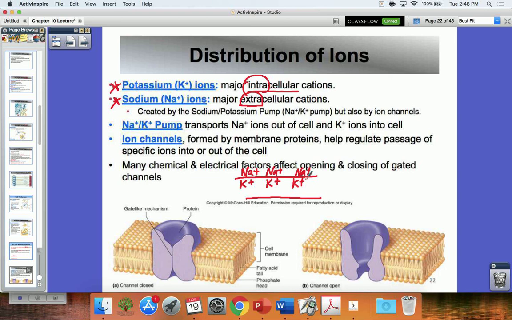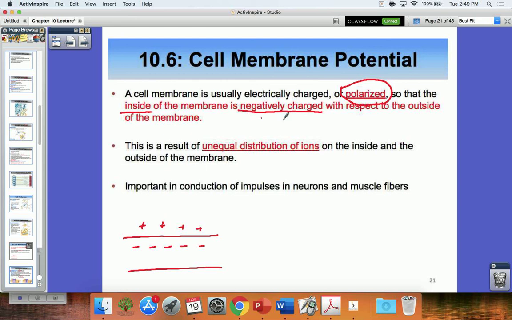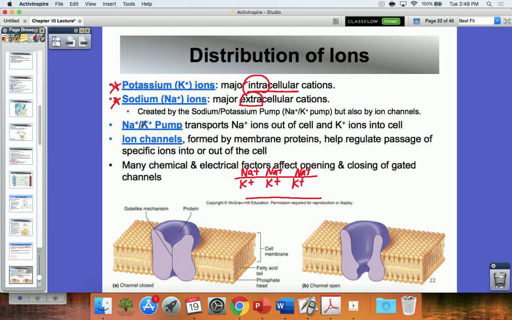And the way that we make sure that they are the way that they're supposed to be, whether the cell is at rest or whether nerve impulses are being sent, we have a pump, the sodium potassium pump, that helps to regulate where they need to go. We also have other ions, and this is what's going to really make the cell membrane polarized or charged, or, like we said, more negative on the inside, is that we have other ion channels that are going to allow negative charges on the inside of the cell.